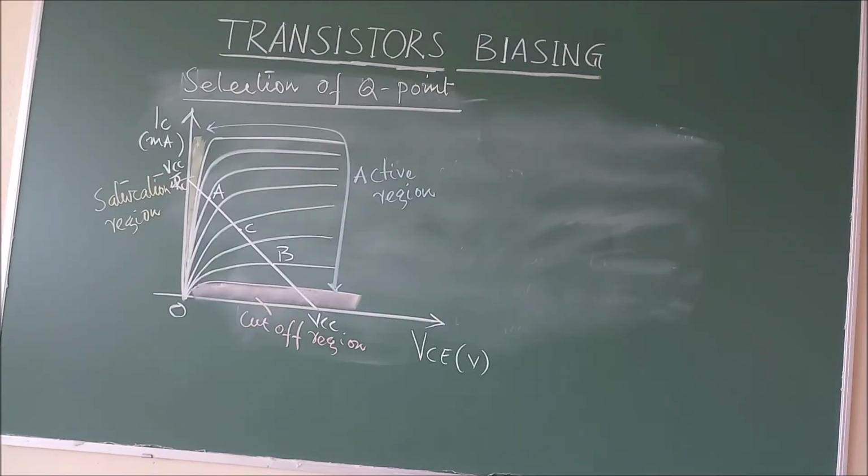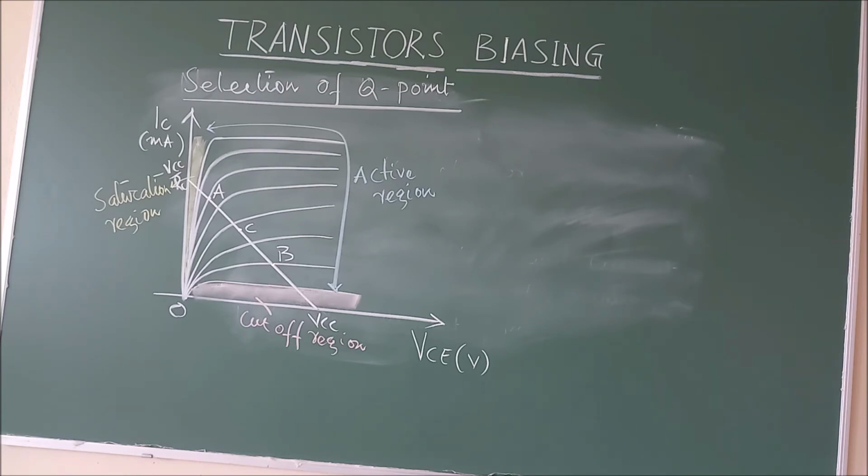Only the fixing of a suitable operating point is not sufficient. It must be ensured that it remains where it was fixed. Actually, the operating point may shift due to some reason, and it may move to an undesirable region.